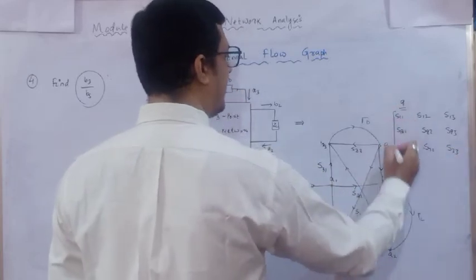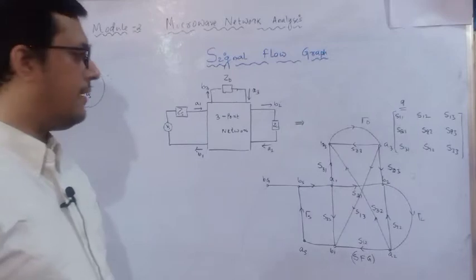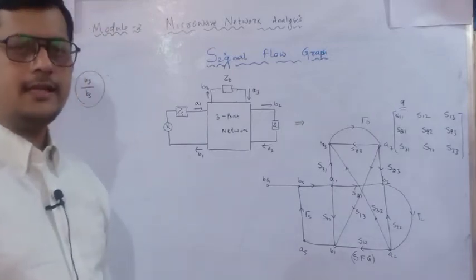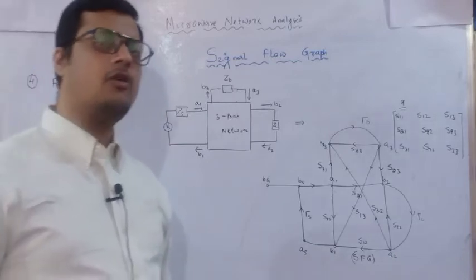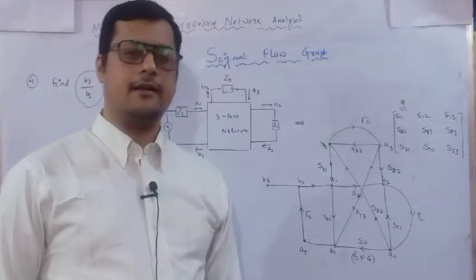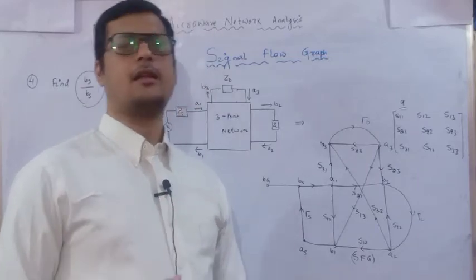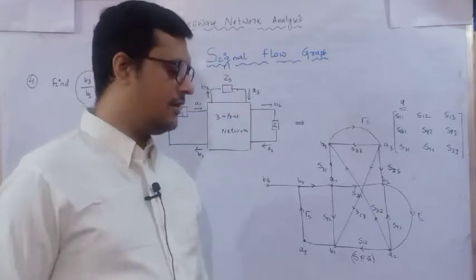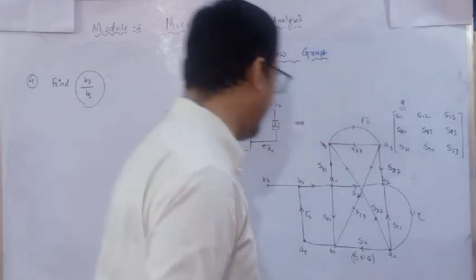All these scattering parameters I have represented in this signal flow graph. Once this SFG is known, next we have to identify how many forward paths and how many loops are there, and then we will substitute all those values in Mason's gain formula. So step by step I will write. I have noted down a few points.